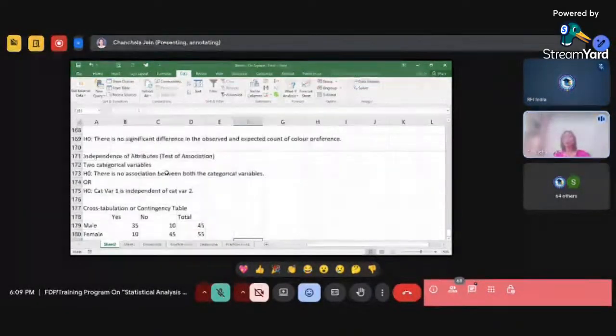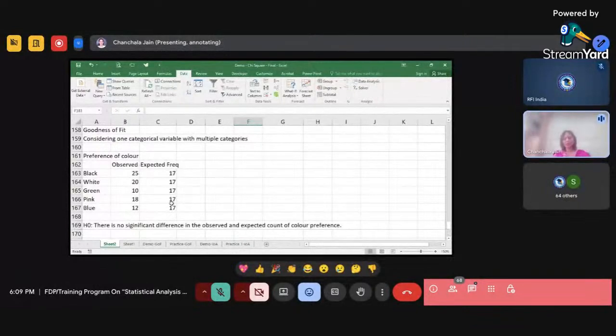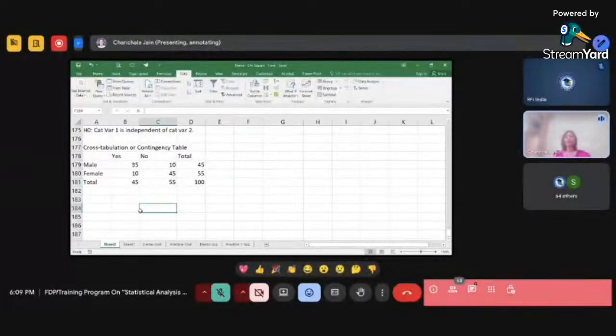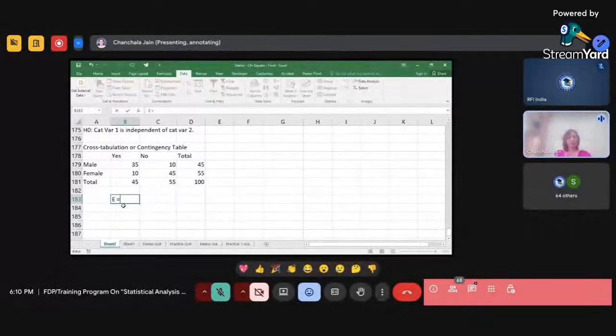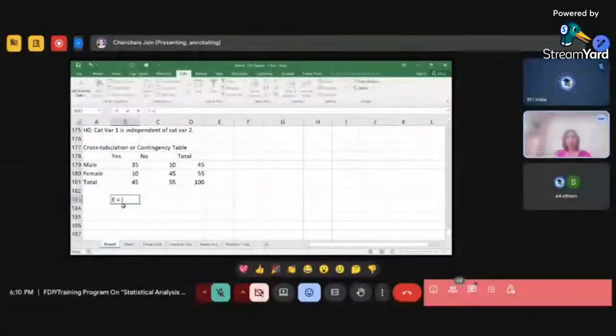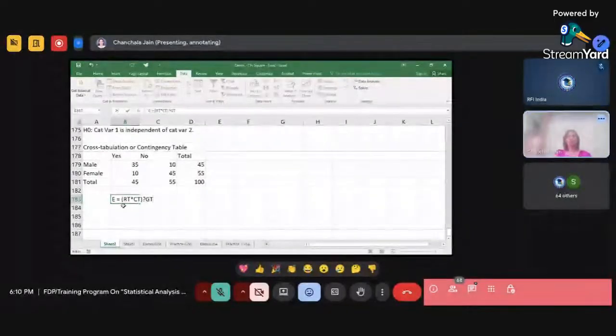In case of goodness of fit, you can see it is very easy. I'm writing here the formula for the second type of chi-square test, that is the test of association. In this case, your expected frequency will be calculated as row total multiplied by column total, divided by grand total.